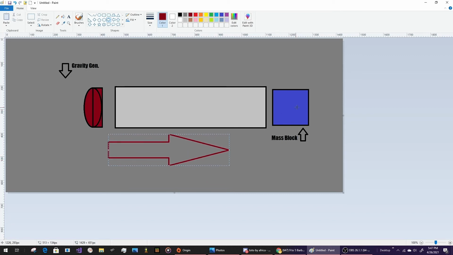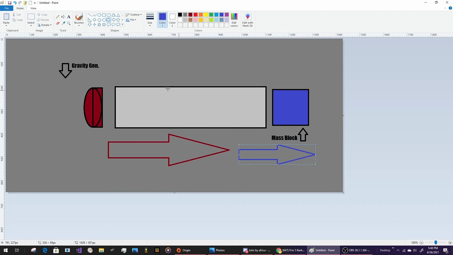And the mass block takes the force and gets pulled by the force. So this is basically pushing it in that direction. So the mass block takes the force and goes in the same direction, and that produces directional speed, because the gravity gen pushes the mass block away from it in a singular direction.